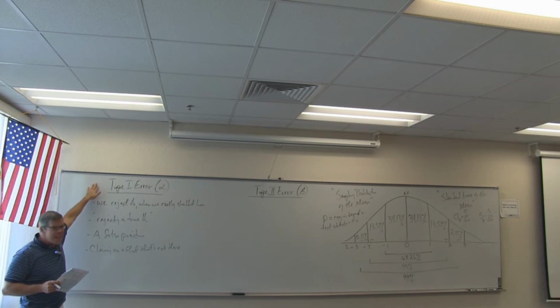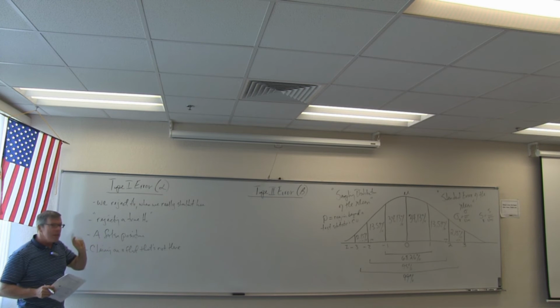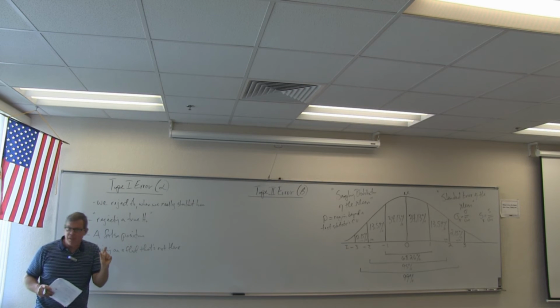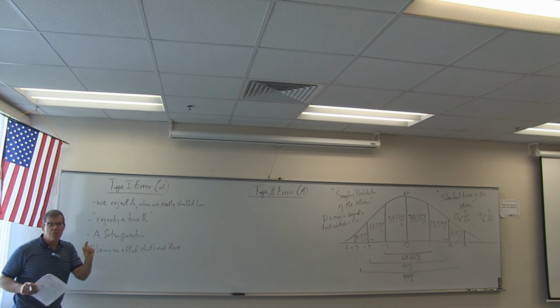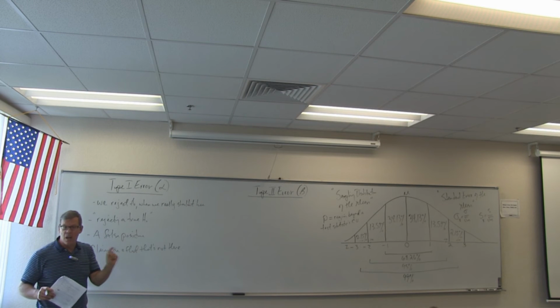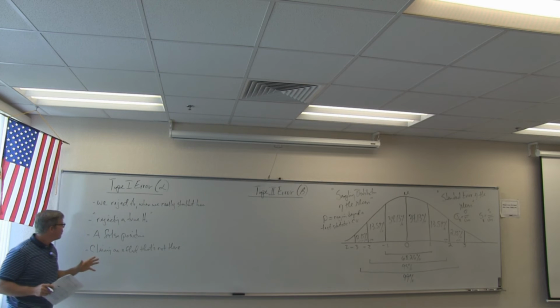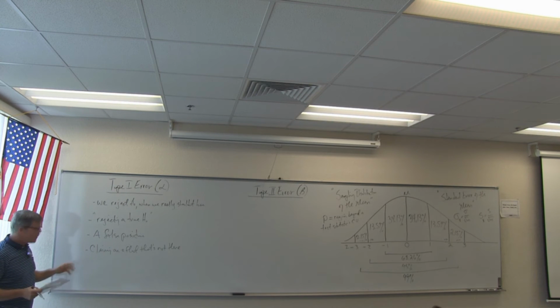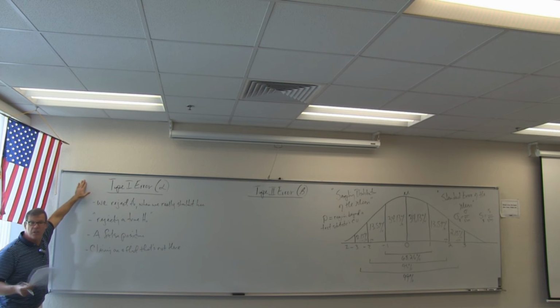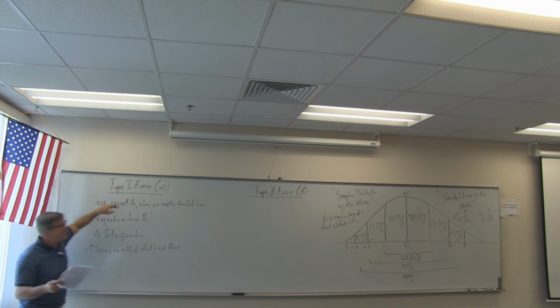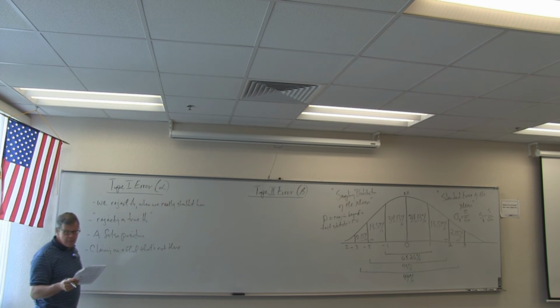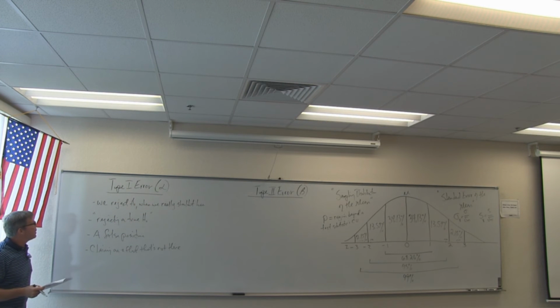No. It's to say that when I reject the null, there's a small chance that I may have committed a Type 1 error. So whenever we've detected a statistically significant result, there's always a small likelihood, that's alpha, that I made an incorrect decision in rejecting my null.